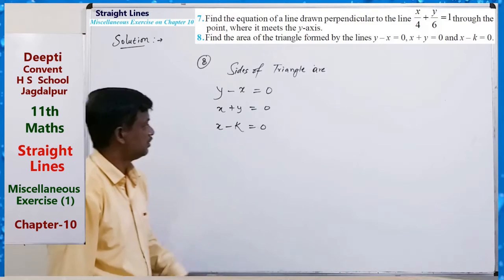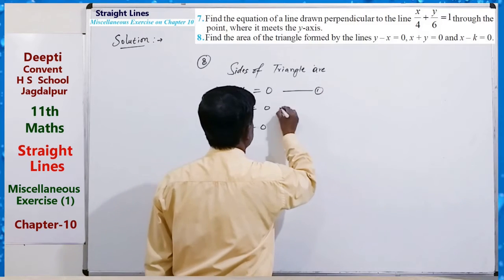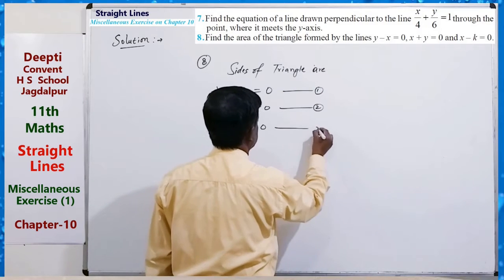Okay, these are the line sides of the triangle. First equation, second equation, third equation.